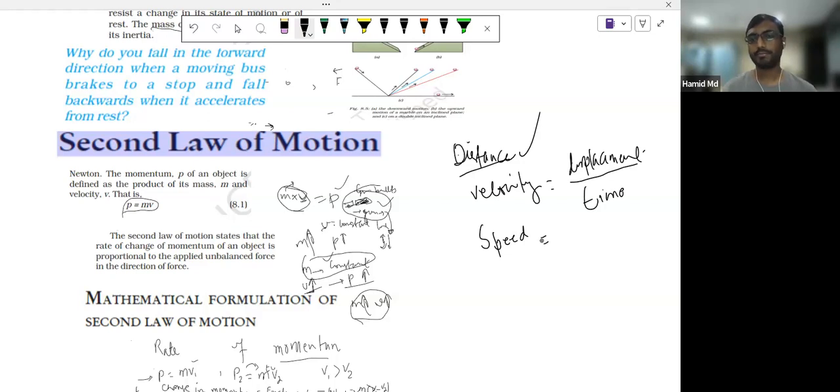What about the speed? This is distance over time.